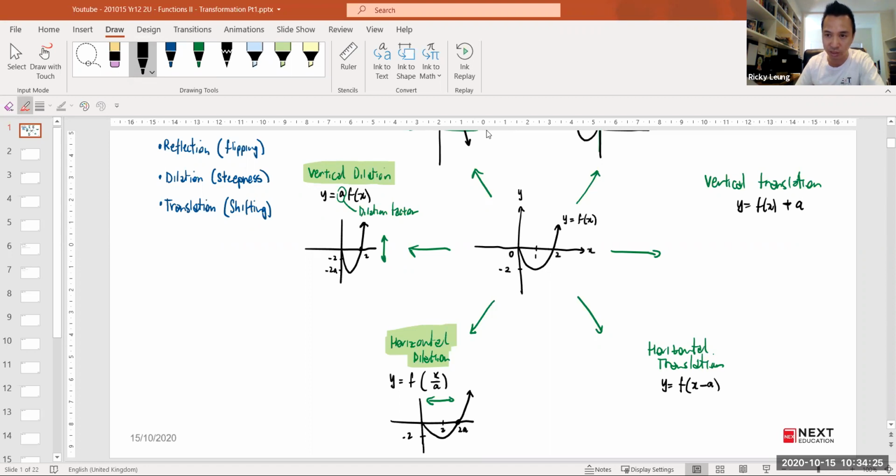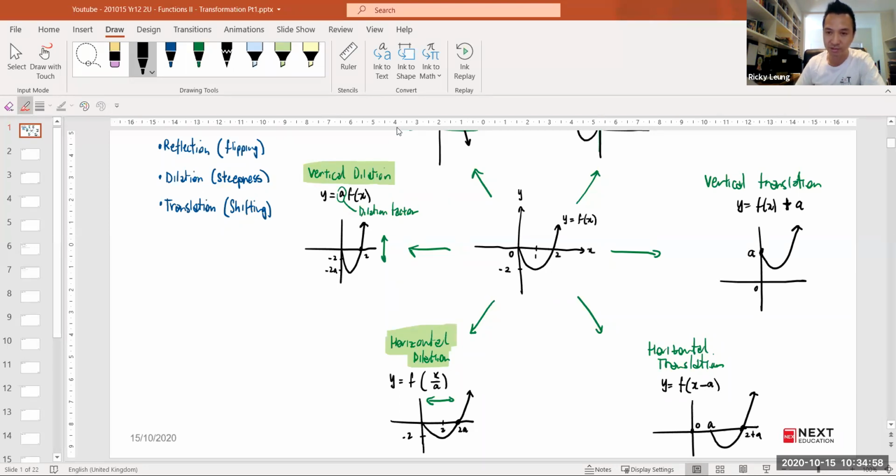For this one here, I did plus a because when you plus a, it shifts or translates the function in a positive direction. So it used to be at the origin, but now it's at a. Similarly, for the horizontal piece, if it used to be at the origin there, by minusing it, I might have shifted it over by a units, and this might be 2 plus a units.